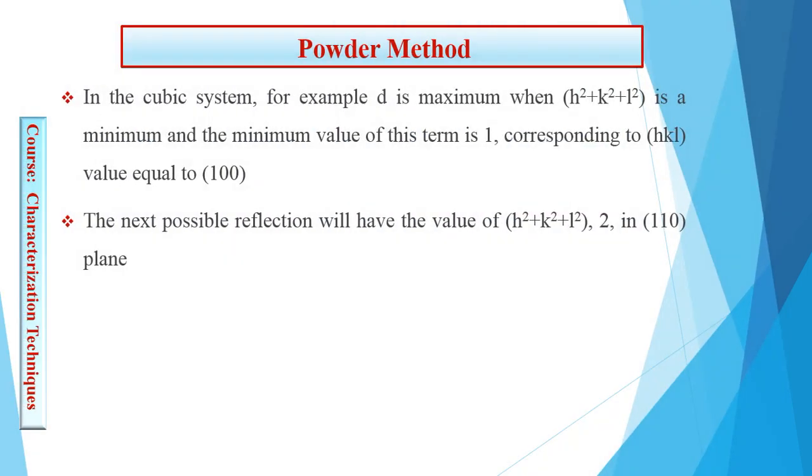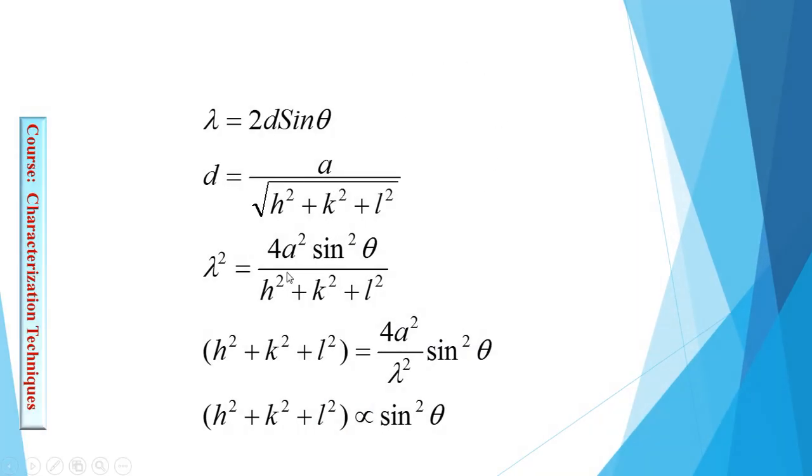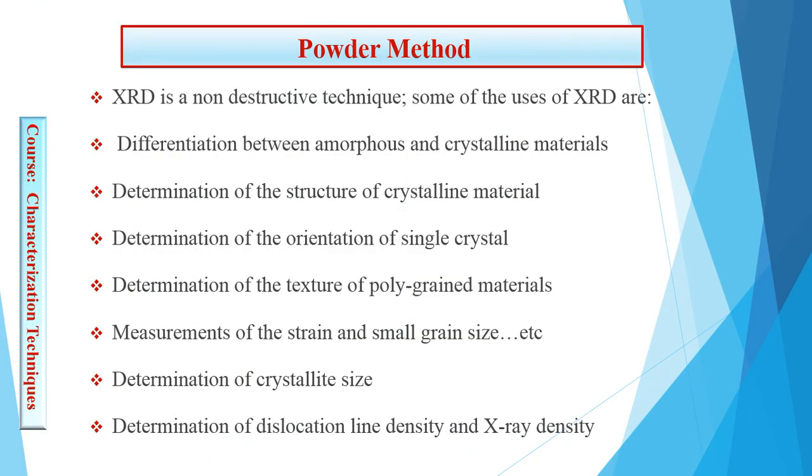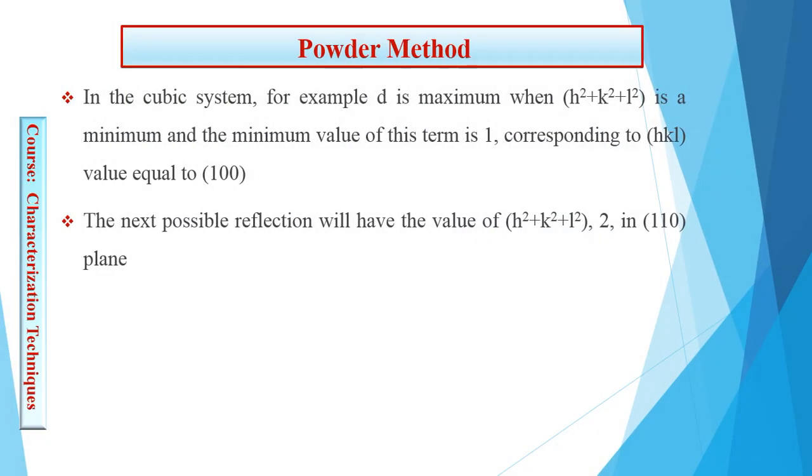When these two factors are 0 and h is 1, d is maximum. The next possible reflection will have h square plus k square plus l square equal to 2, in the case of the 1 1 0 plane, by substituting 1, 1 and 0.